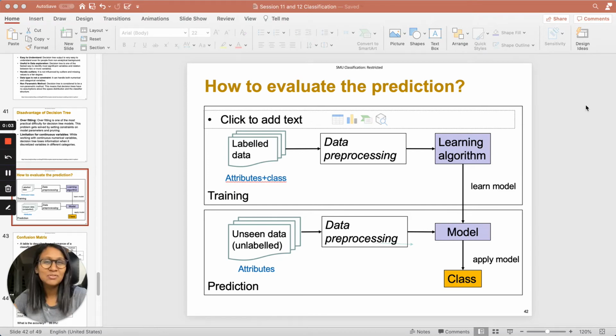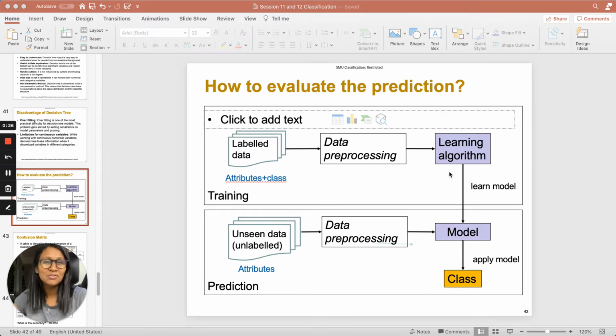In this video I want to go over how to evaluate the prediction that you have made by using a decision tree model. So I want to start with this visualization which we had discussed earlier on as well, and in this visualization you can see that there are two parts to the supervised learning process.